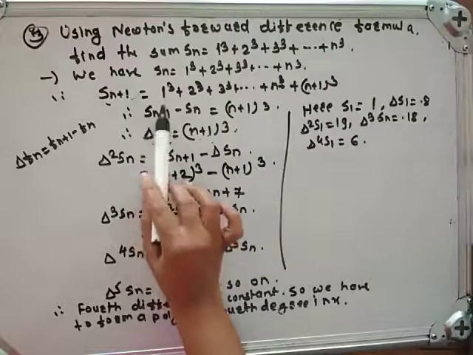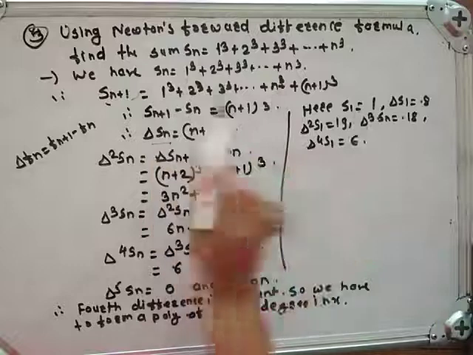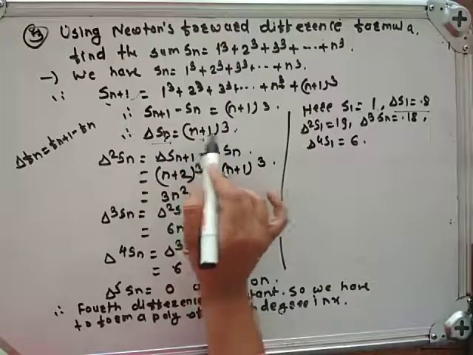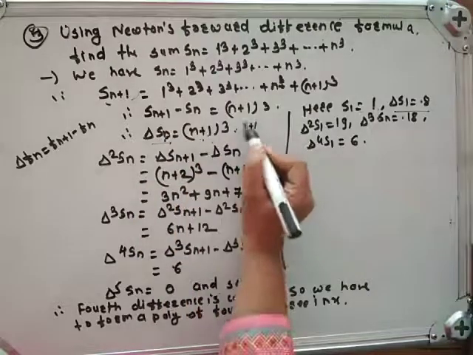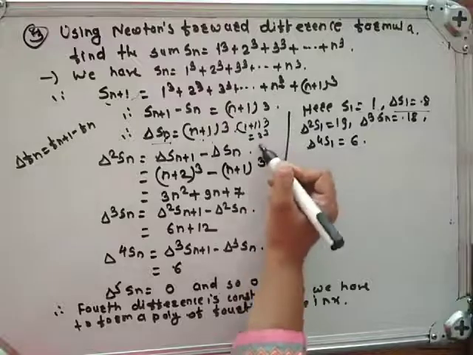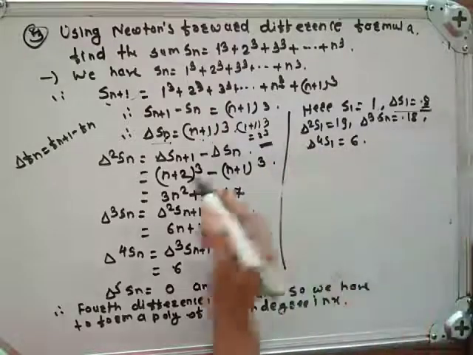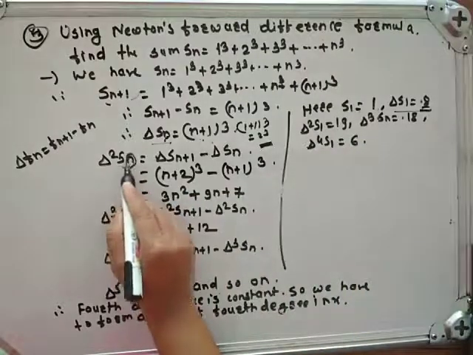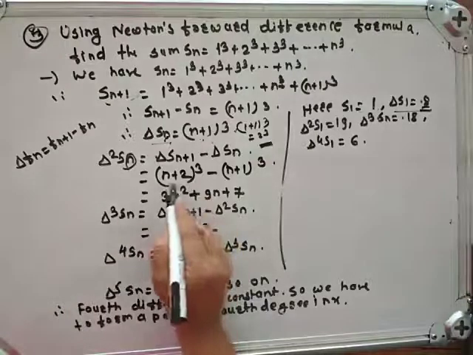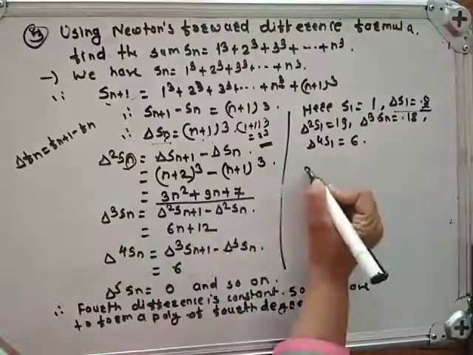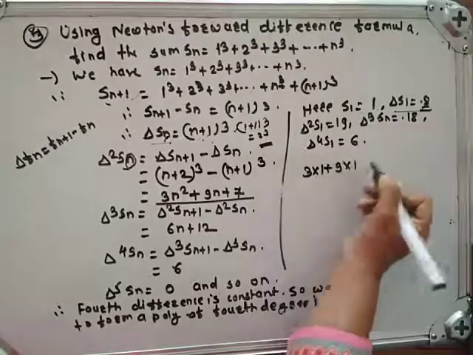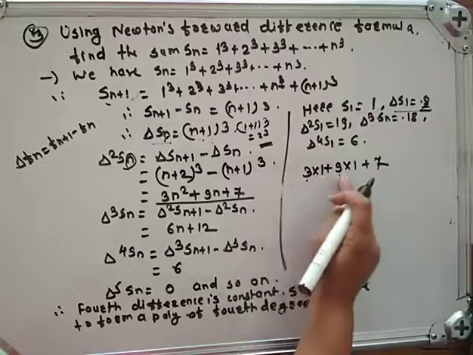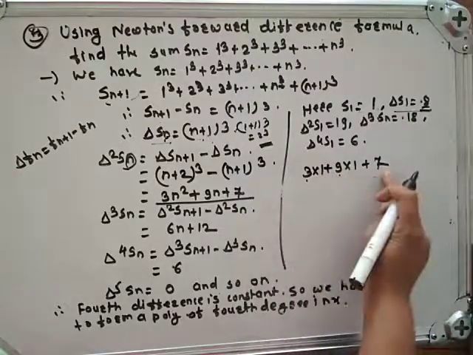See here, S1 is equal to 1. For delta S1, put n equal to 1, so we will get (1+1) cube, which is 2 cube, and you know that 2 cube is 8. Next we have to calculate delta square S1. Put n equal to 1, so 3 into 1 plus 9 into 1 plus 7. 3 into 1 is 3, plus 9 is 12, and 12 plus 7 is 19.